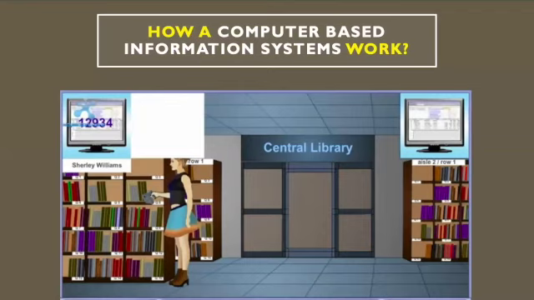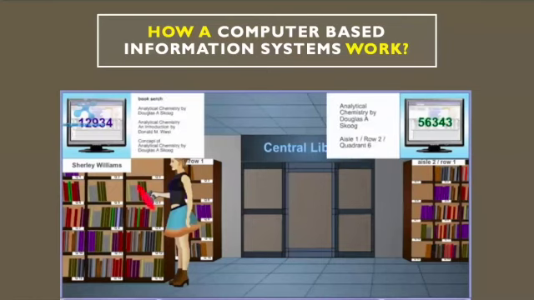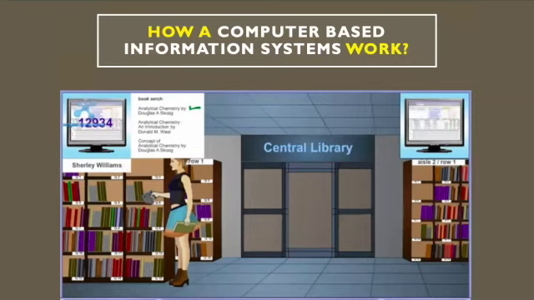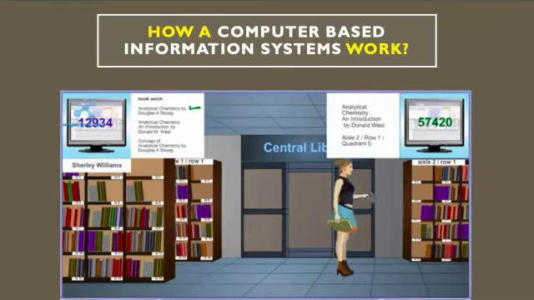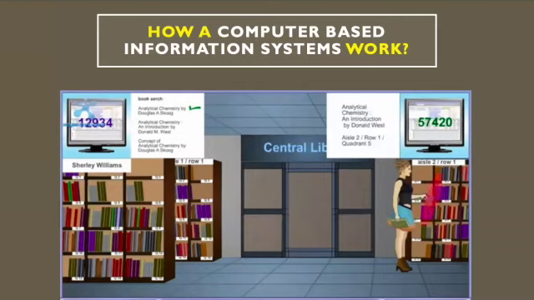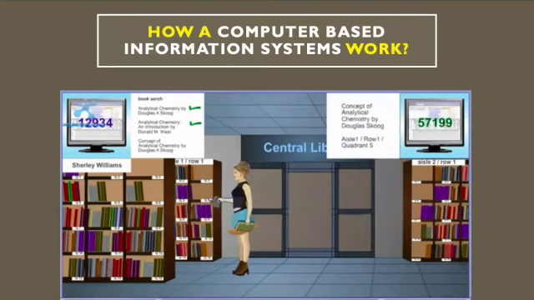So we can go and target and collect the book. So searching is optimized. A process that would normally have taken minutes is completed in a matter of seconds. This eliminates time wastage and inefficiency and allows for increased patron satisfaction.